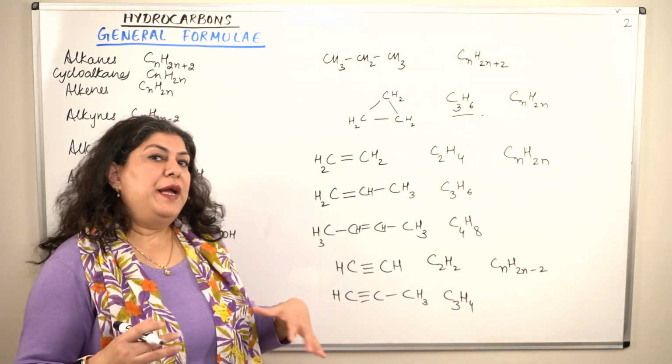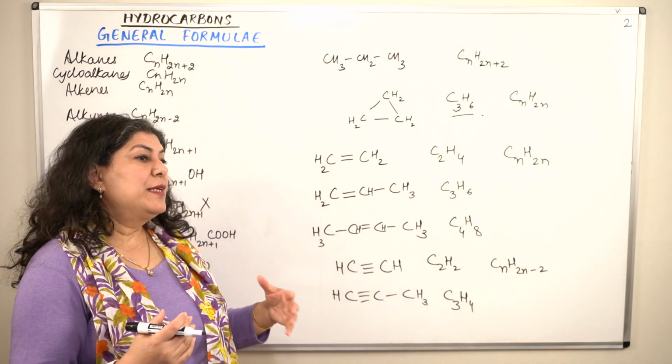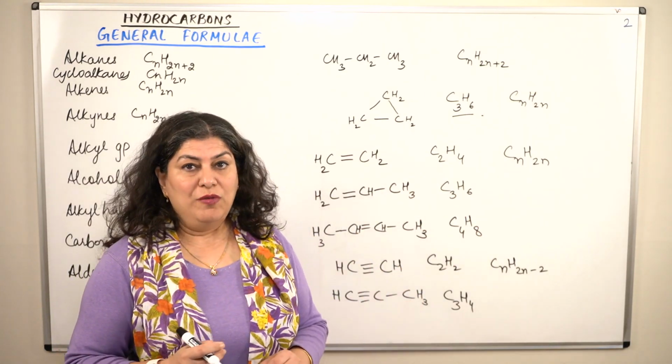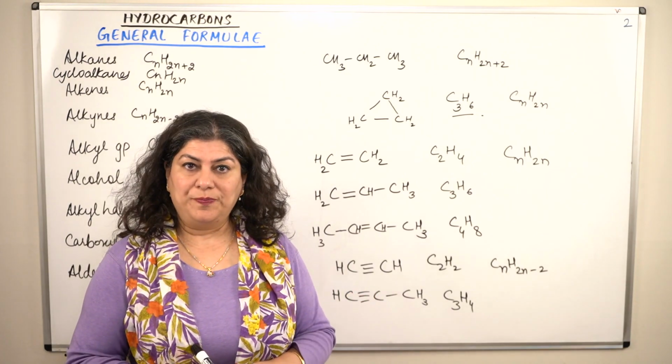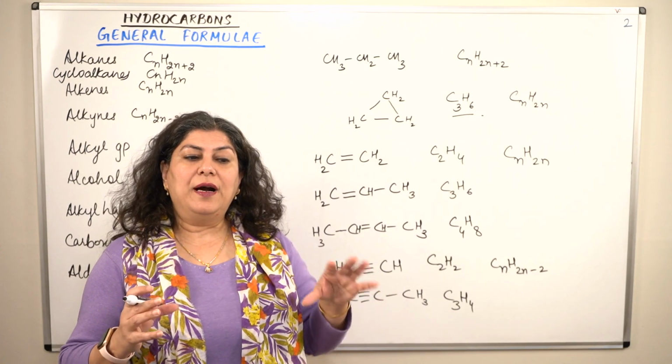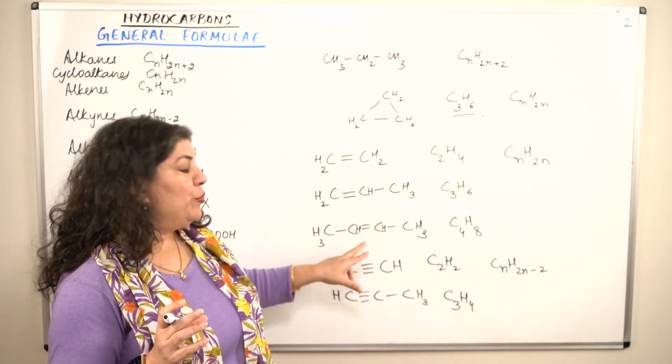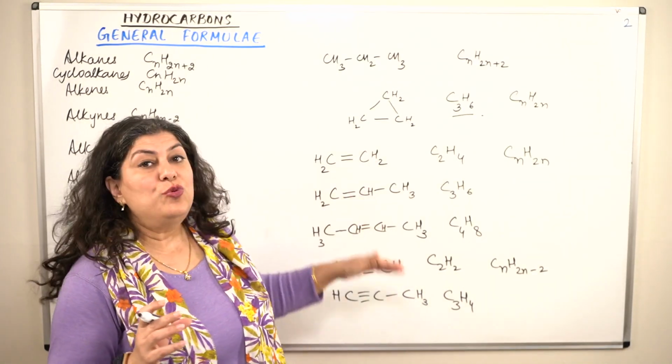Let us now go ahead from this chapter, that is hydrocarbons, and go to other compounds which may have a functional group. For example, alcohols. Whenever a functional group is added, just like what happened here, a bond was added in every new category.